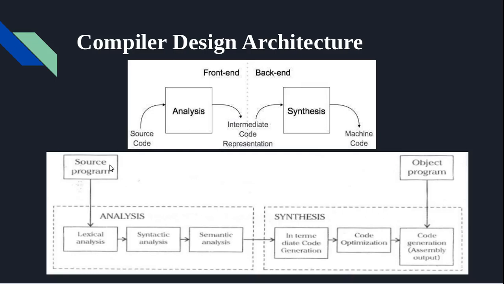So the source program will be given into the analysis stage and it will generate an intermediate code representation of our source program, and this intermediate code representation will be given as input to the synthesis phase. Then the synthesis phase will translate our intermediate code representation into the corresponding target machine code. This is the structure of the compiler.